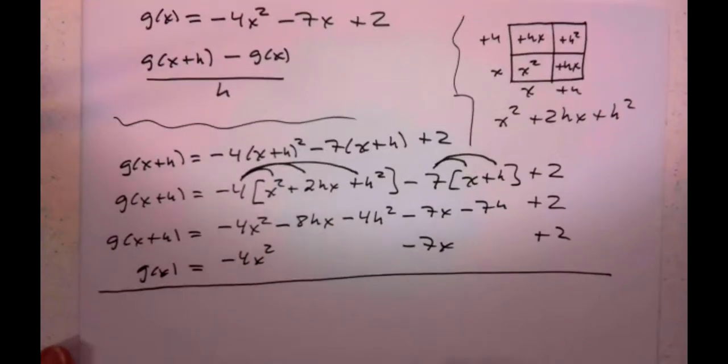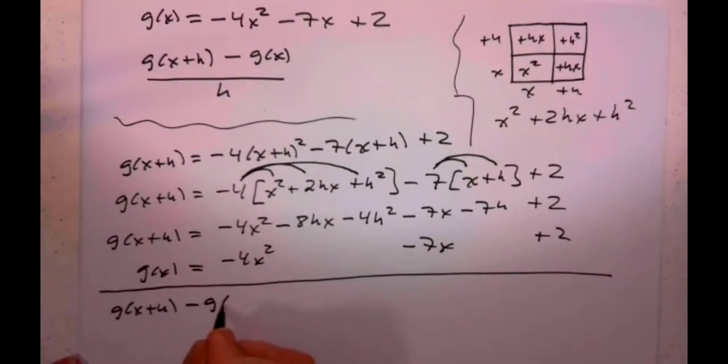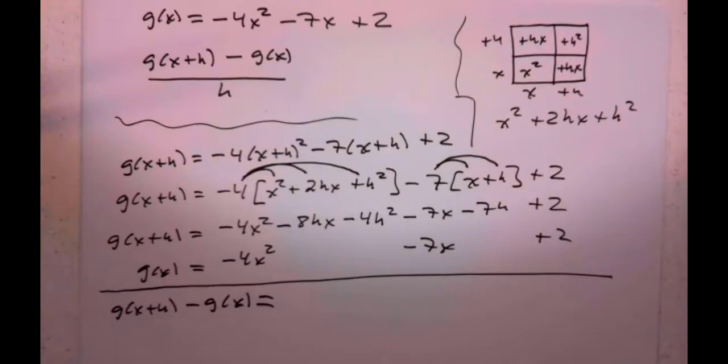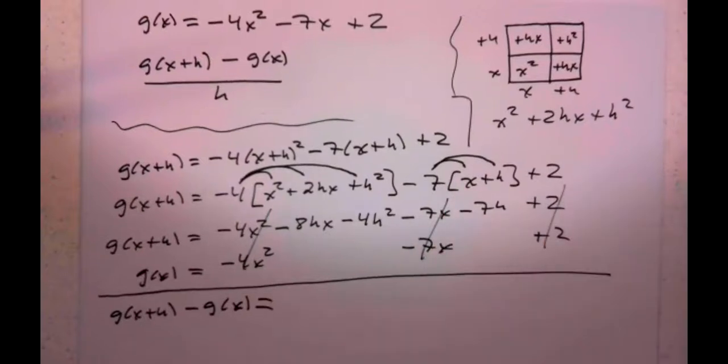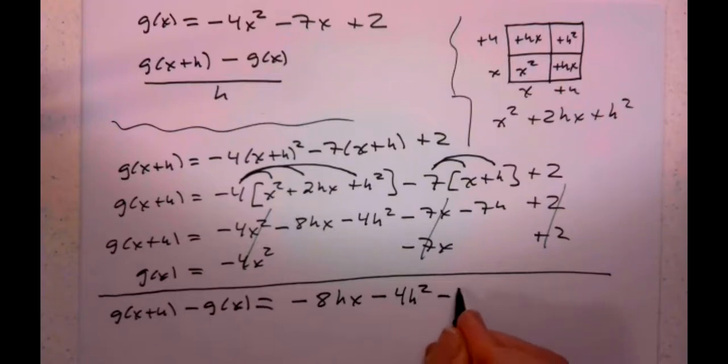So that when I subtract these two things, g of x plus h minus g of x, a lot goes away. Goes away, goes away, goes away. And I have 3 pieces left. I have negative 8hx minus 4h squared minus 7h.